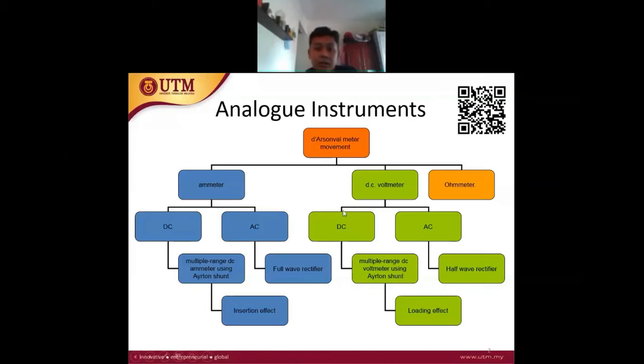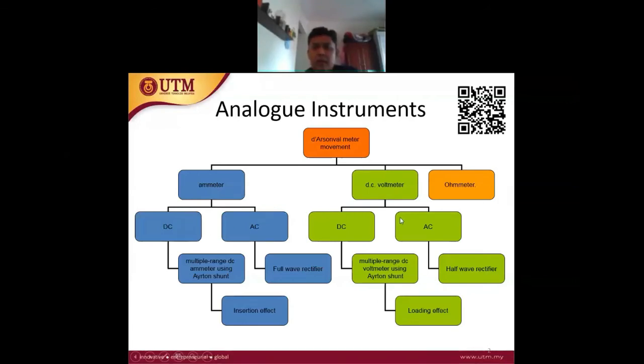in this lesson. Okay, both ammeter and voltmeter can basically be used to measure DC or AC signals.